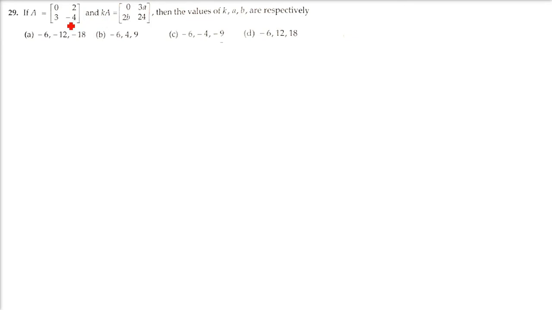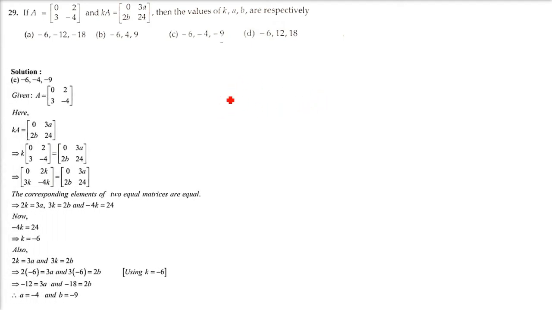A is given like this and kA is given like this. So k, a and b are to be found out. We have multiplied this A with a certain k, and that is giving you 0, 3a, 2b, 24. So kA is 0, 3a, 2b and 24.